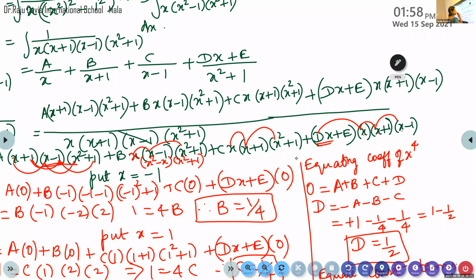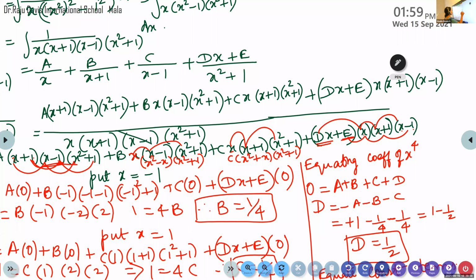Suppose I equate the constant term, on the other side we are not getting a constant term. So we get only one thing: 1 is equal to minus a. Here also we are getting a is minus 1. So there is no use in equating the constant term.